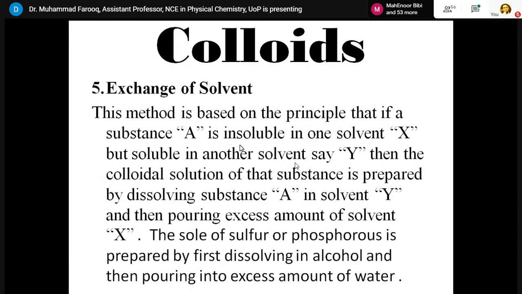So these are the five methods used to prepare the colloid by the condensation method, making the particle size grow to the particle size of the colloid. We first make a true solution and then allow the particles to grow to the colloidal size. So these are the five methods.